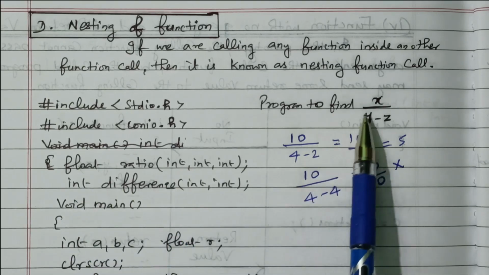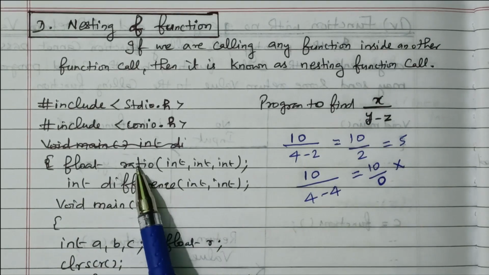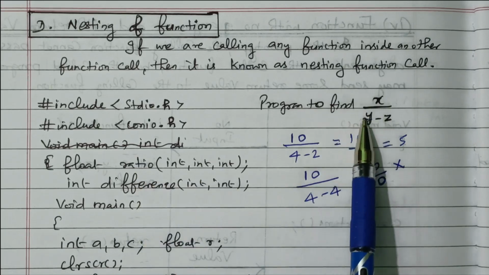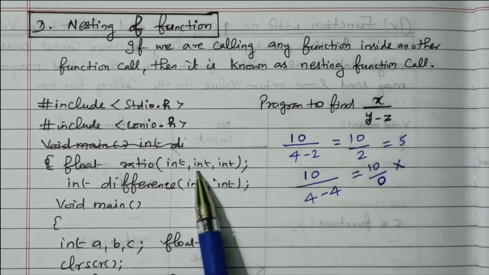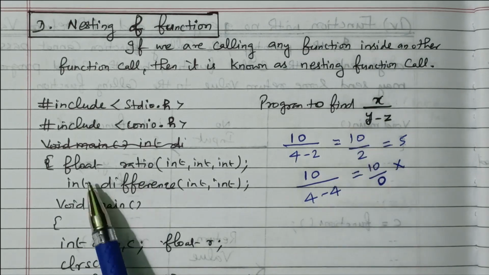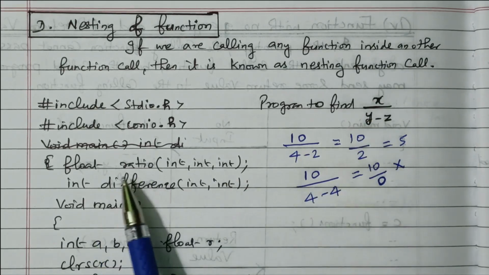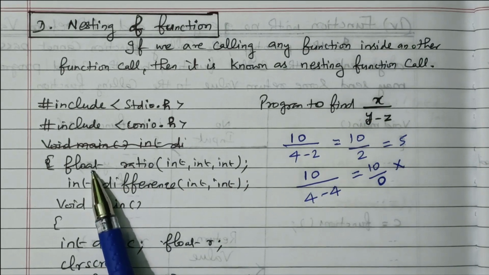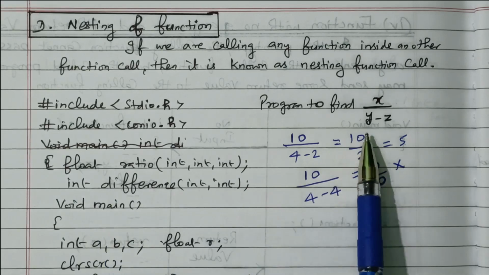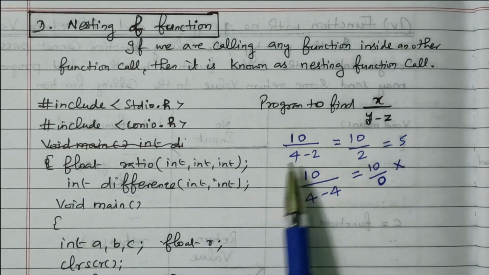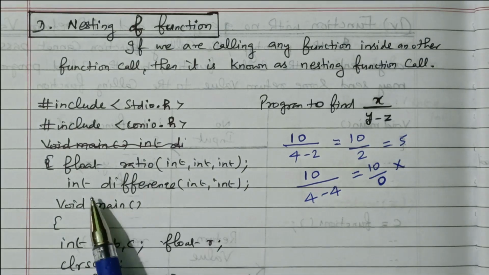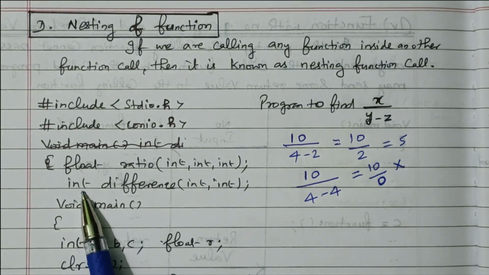So these 3 variables are nothing but x, y, z, the ratio. In order to calculate x divided by y minus z, we need 3 variables. The answer is floating point, because divide is there, so it may be a decimal point. This difference is used to find the difference between these two. So we need 2 variables, and it returns one integer type variable.